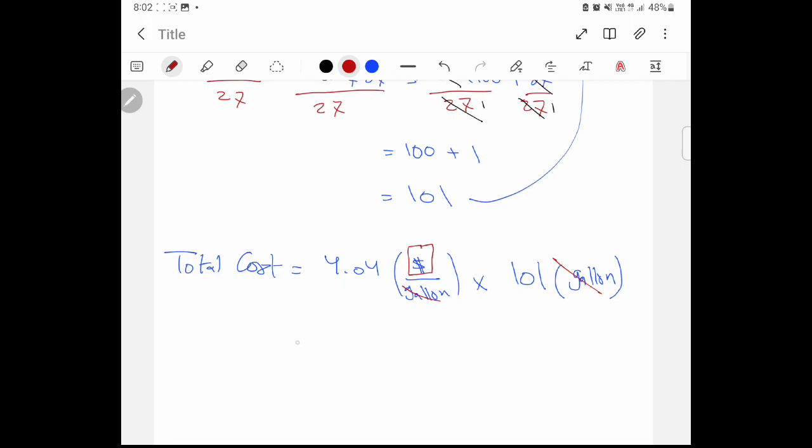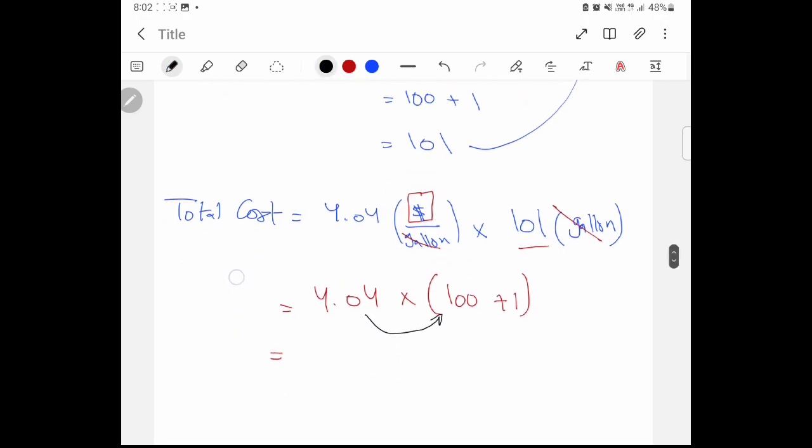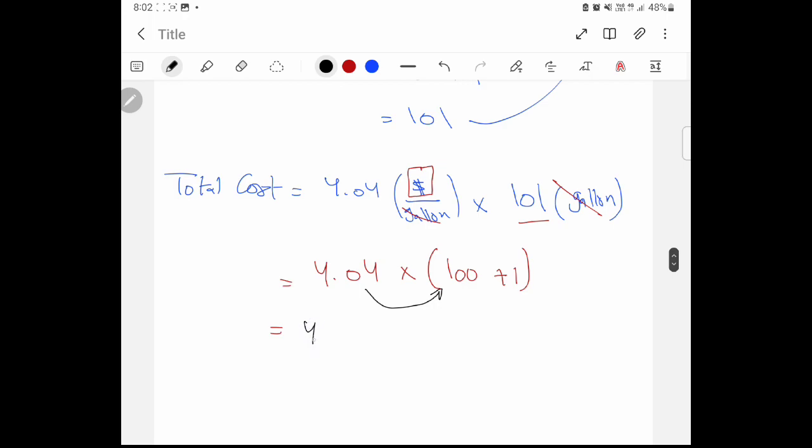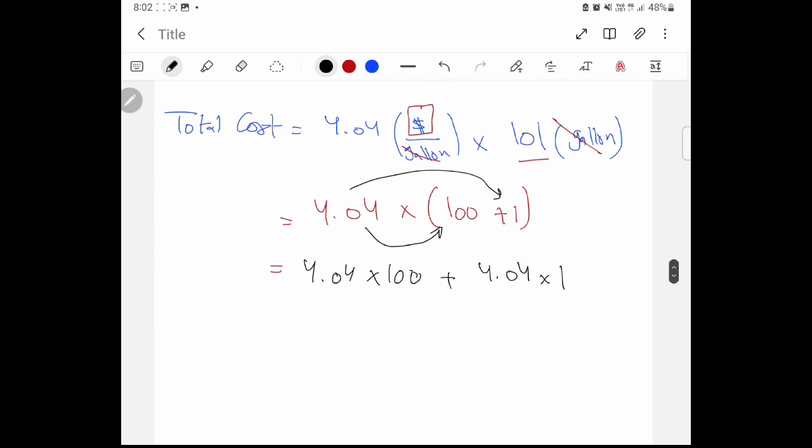So how do we do that without a calculator? So notice that this is 404 times 101, which can be expressed again as 100 plus 1. So you can multiply this as 4.04 times 100 plus 4.04 times 1.